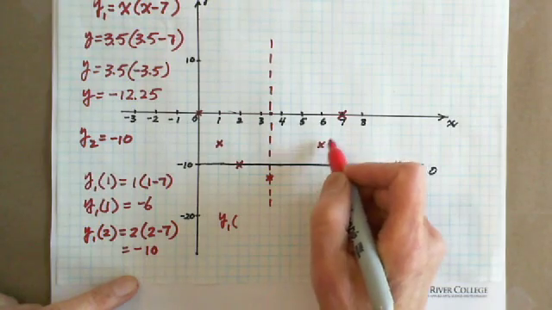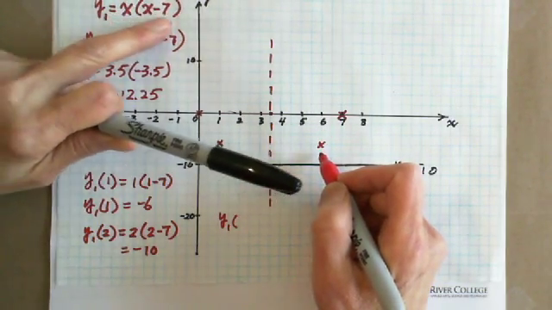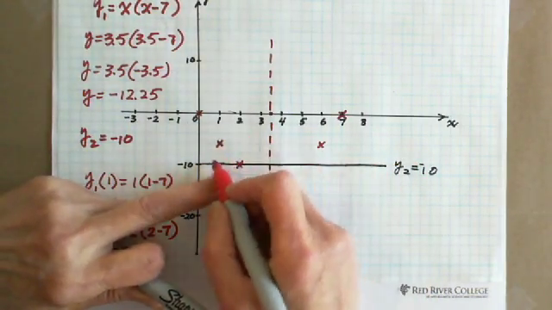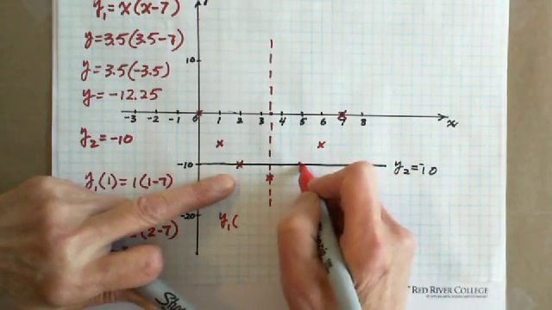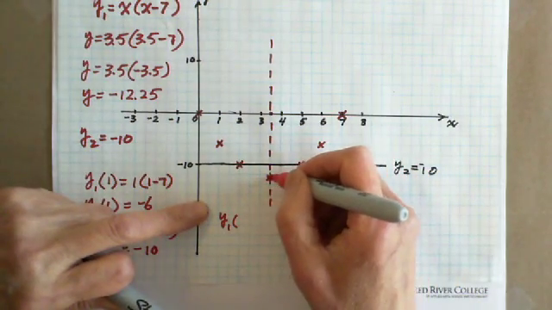When x equals 6, it is 6 times negative 1, which is negative 6, right? Same thing, this point is 2 units from 7, which is 5. You get this one here, see? That's how the parabola goes this way.